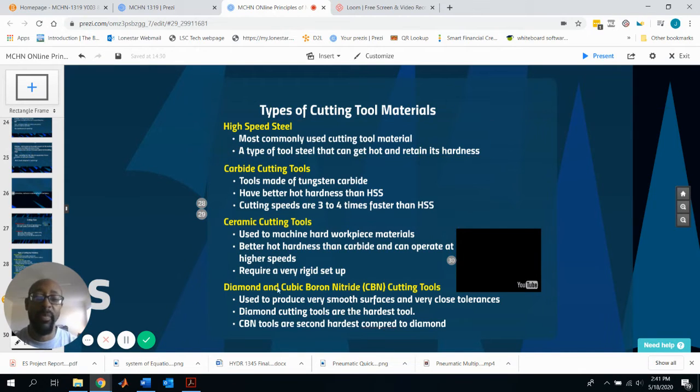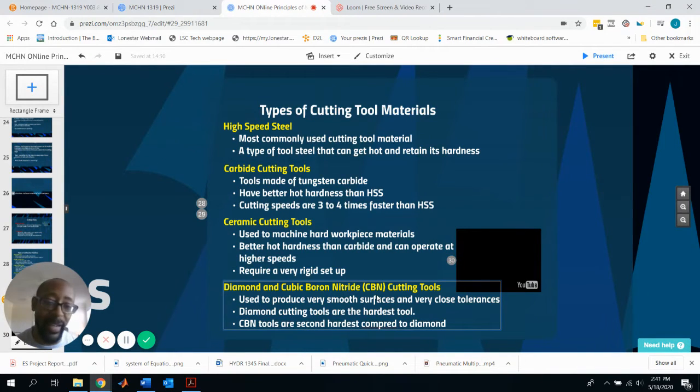Now, the next step up from that is your diamond and cubic boron nitride. Cubic boron nitride is kind of like a laboratory manufactured diamond material. But a lot of times, your diamond and your cubic boron nitride, they just coat, so they're diamond tipped cutting tools.